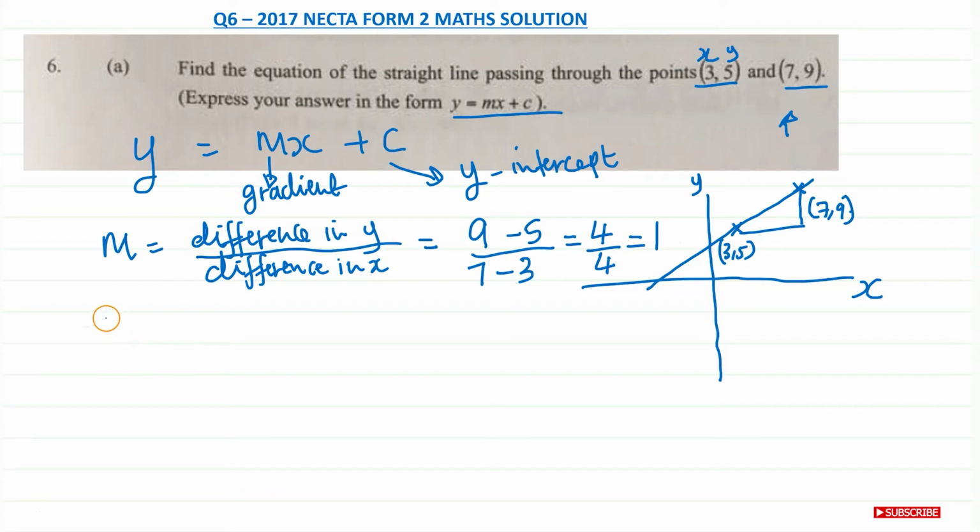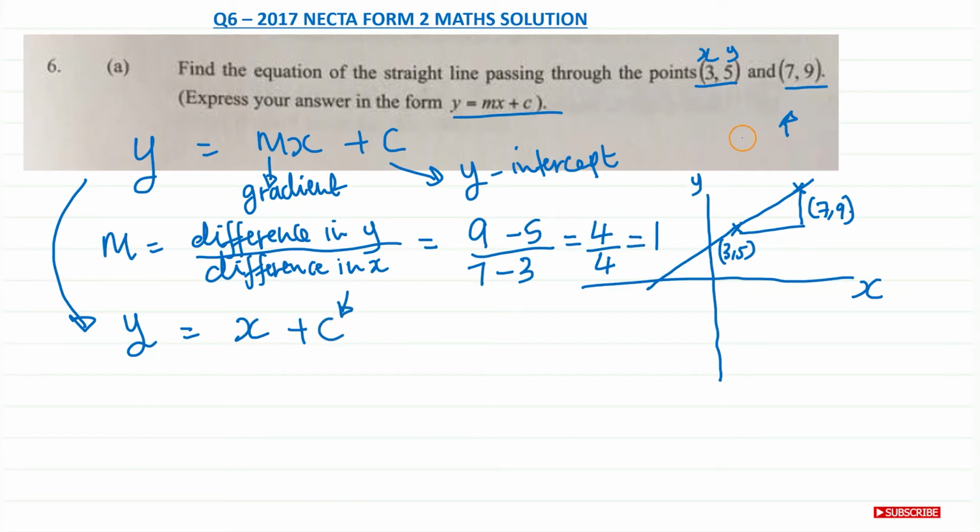So now we can write our equation of straight line as y equals 1x, which is just x because the gradient m is 1. So that's going to be x plus c. We can't just leave this equation as it is. We need to find what c is.